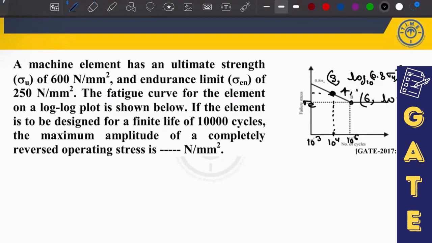Similarly, this one will be log base 10 endurance strength. For 4, log of base 10 of the strength, let us suppose the strength is S, which you have to calculate. This is also plotted on the log base only. So log of 10 to the power of 3, you will get the value 3. The number of cycles they have given, you have to calculate the strength. Can anyone please tell me what answer you are getting? Try to solve.